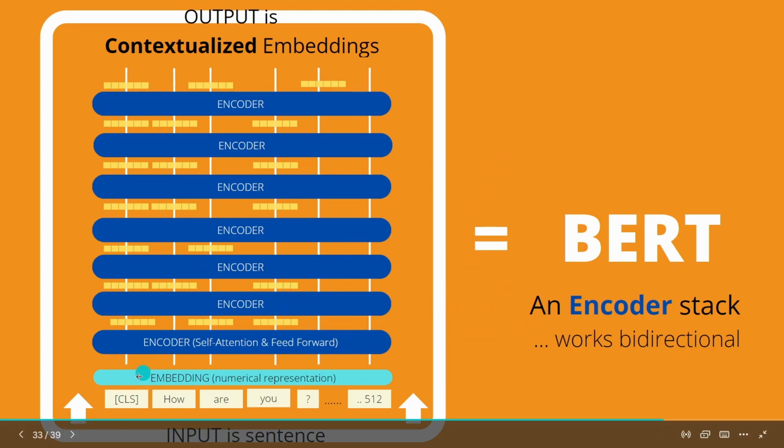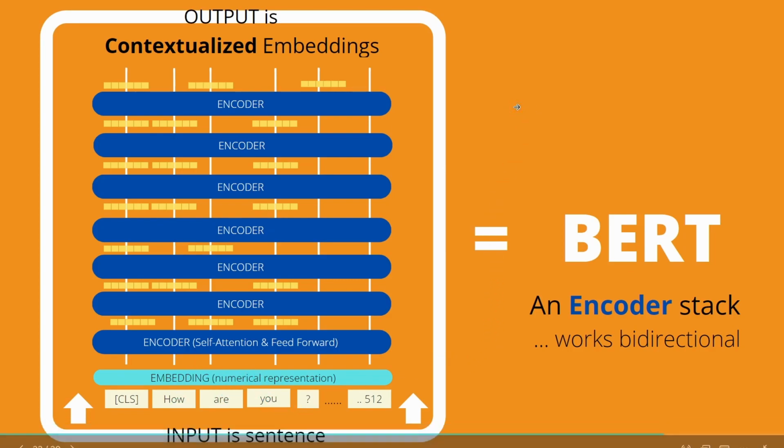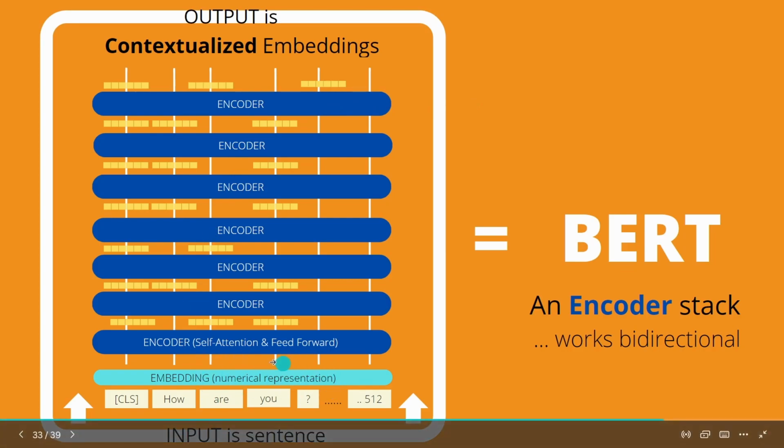And you see here we have a sentence, how are you, question mark. Beautiful. Nothing more to it. You have some start tags, some end tags. You have a tag between sentences, between punctuation, for example. And you have then a numerical representation. This is what I showed you in the first video.